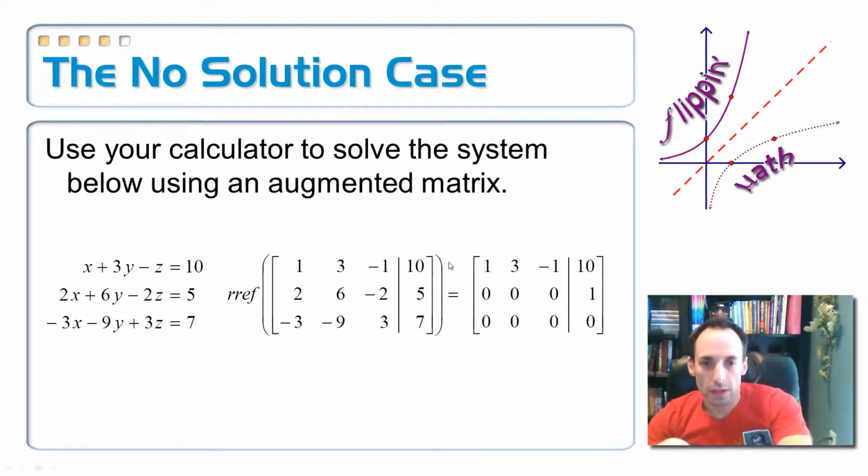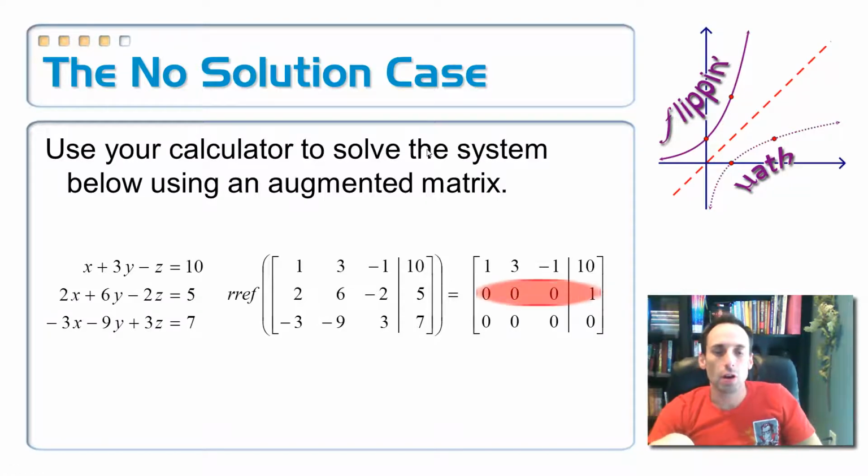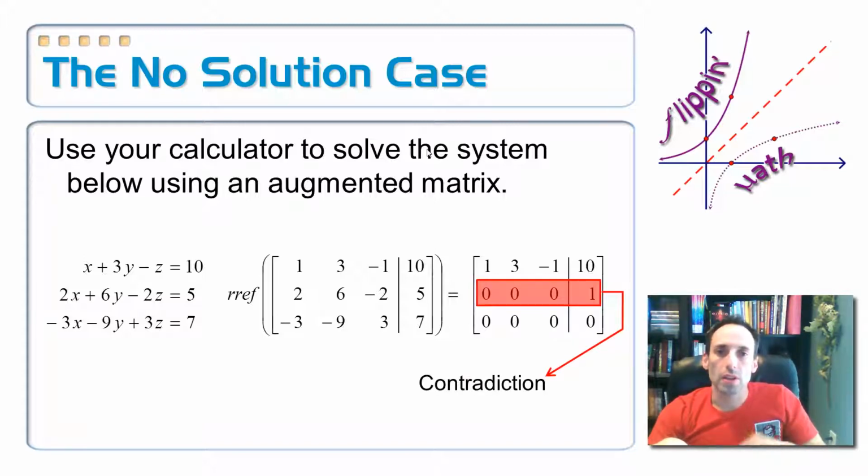If I look at the middle row, I have 0, 0, 0, 1. That is a contradiction, because what it's saying is 0x plus 0y plus 0z is equal to 1. In other words, 0 is equal to 1. If at any time I put one of these into an augmented matrix, do row reduced echelon form, and get a contradiction like that, I know there's no solution. This is kind of nice.